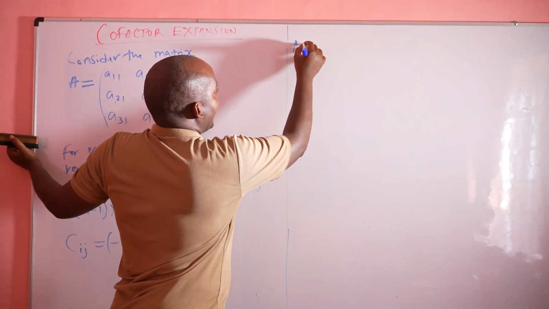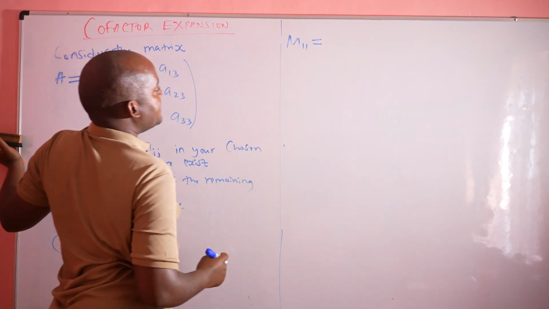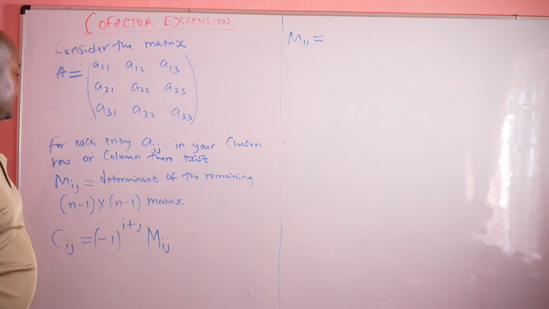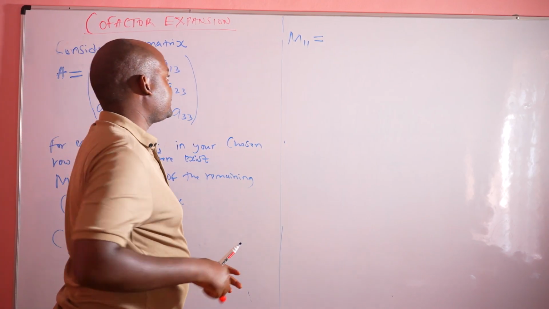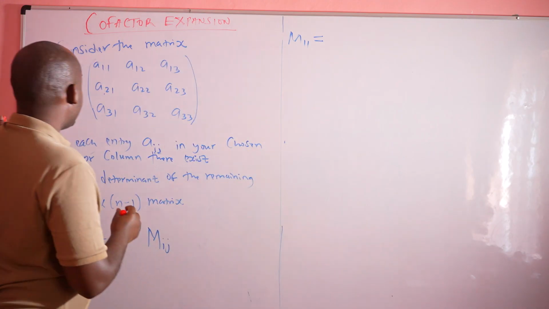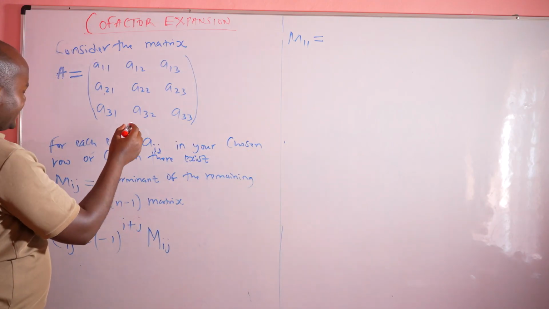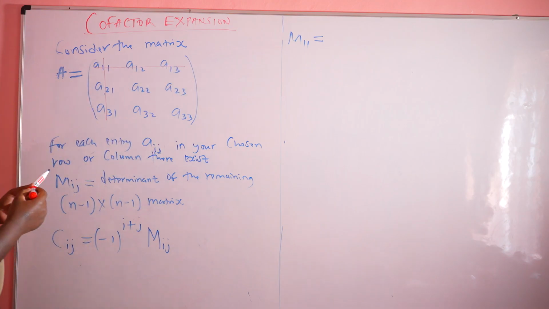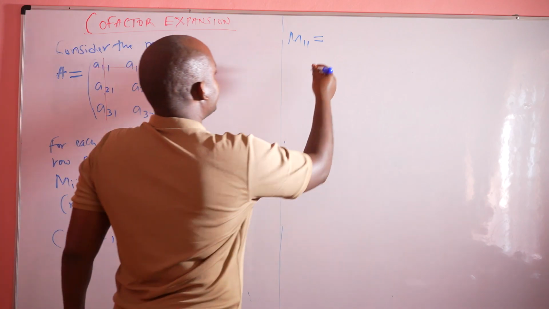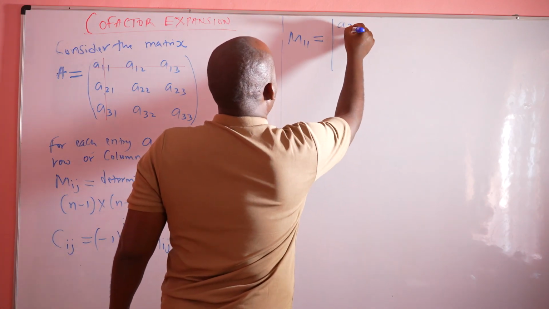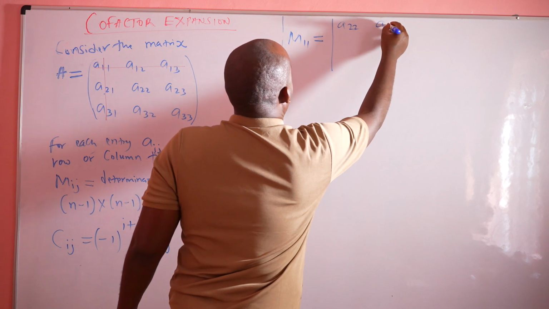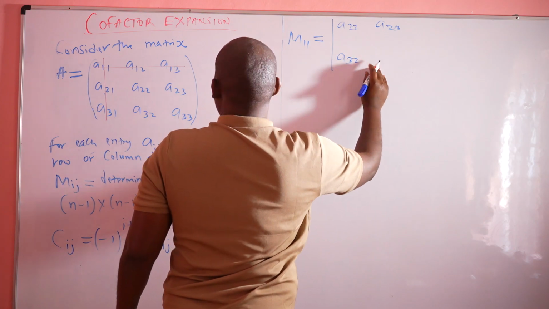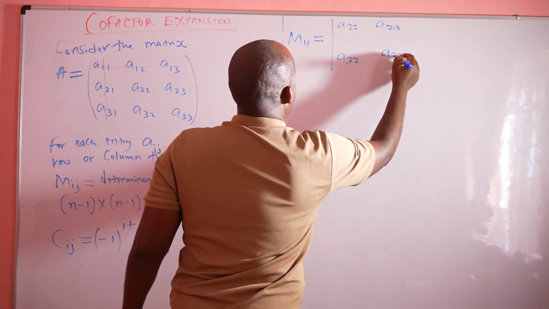For this case, we shall have M11, which would be equal to the determinant, by determinant we mean this, the determinant of the matrix that is obtained after we delete this row and this column of that particular matrix. In this case, we'll be left with the determinant of A22, A23, A32, A33.